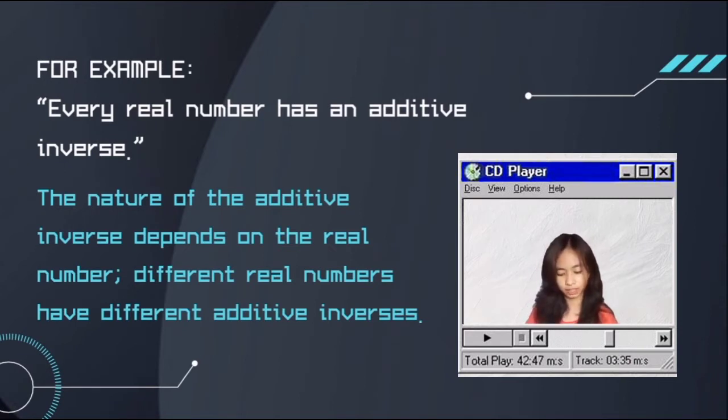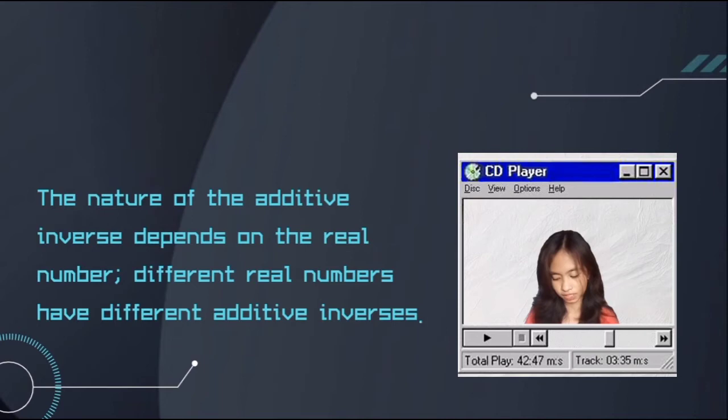In this statement, the property has an additive inverse applies universally to all real numbers. Has an additive inverse also asserts the existence of something, an additive inverse for each real number. However, the nature of the additive inverse depends on the real number. Different real numbers have different additive inverses.